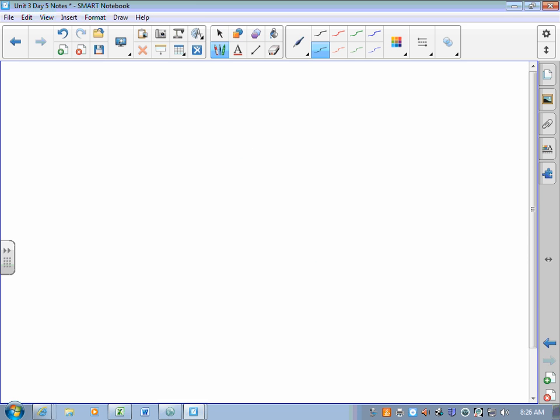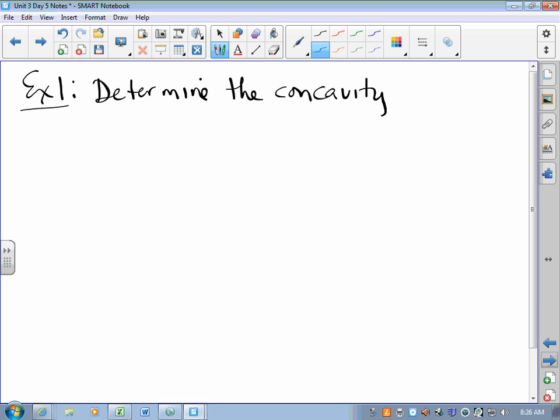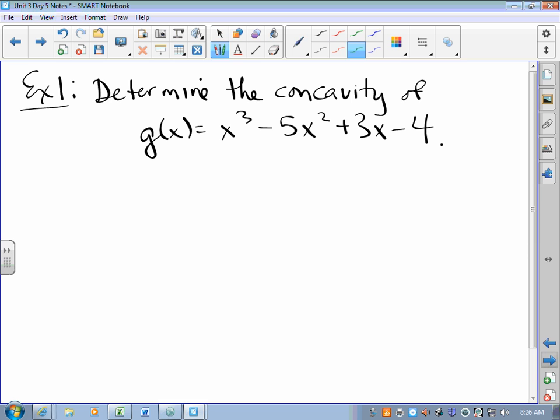So, determine the concavity of g of x equals x cubed minus 5x squared plus 3x minus 4. If I want to determine the concavity of that function, then I've got to look at g double prime.